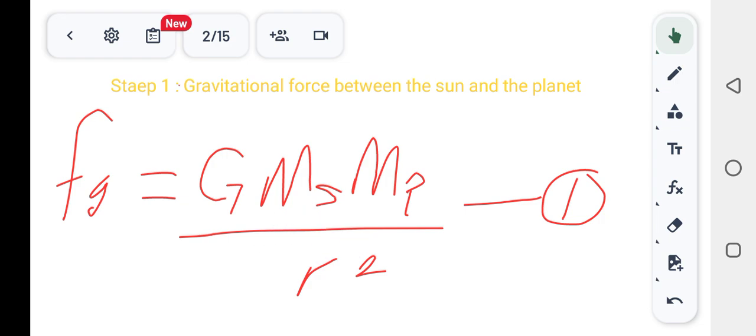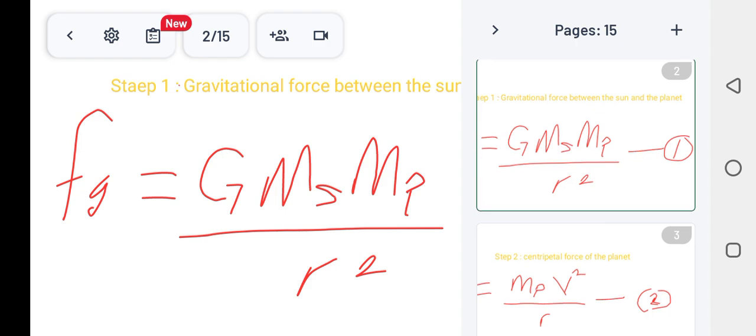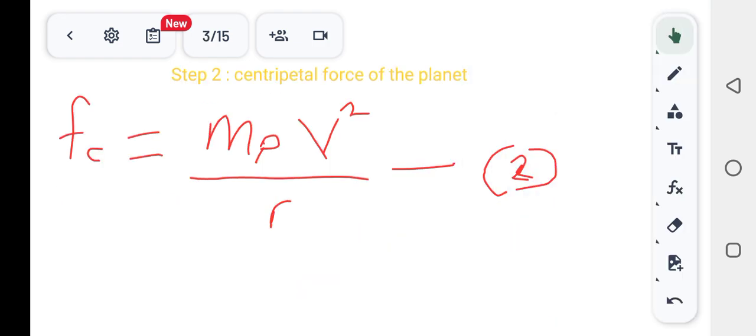Now let's move to the next step. We have the centripetal force of the planet.